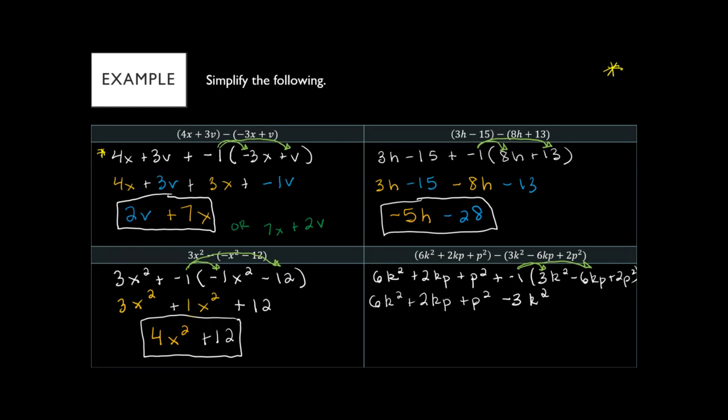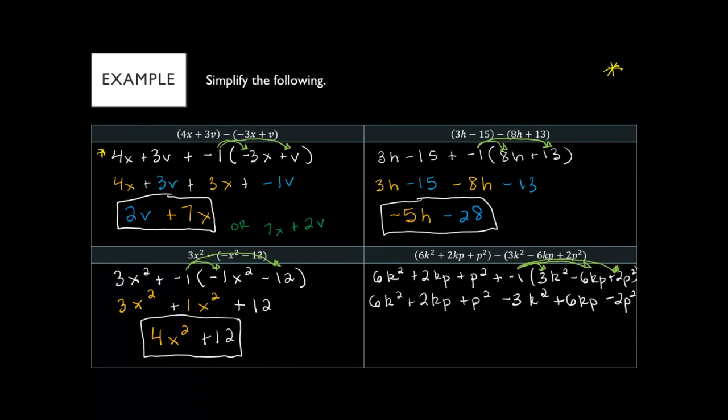Then -1 times a -6kp. So a negative times a negative is a positive. So it's going to be plus 6kp. And then a -1 times 2p squared. So negative times 2, a -1 times 2 is a -2. So that's -2p squared.